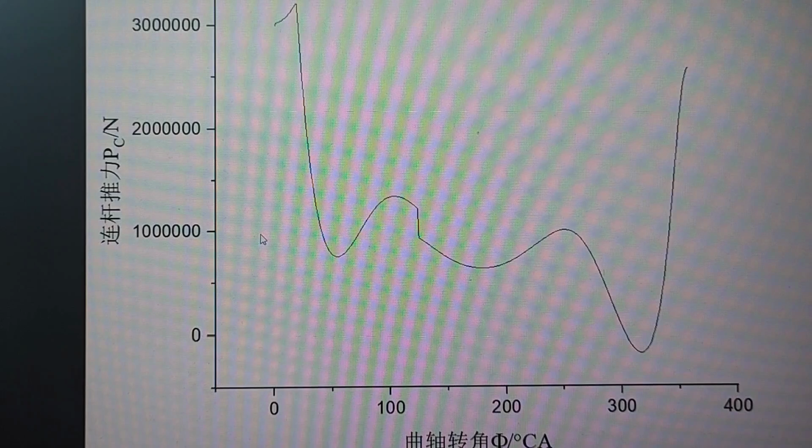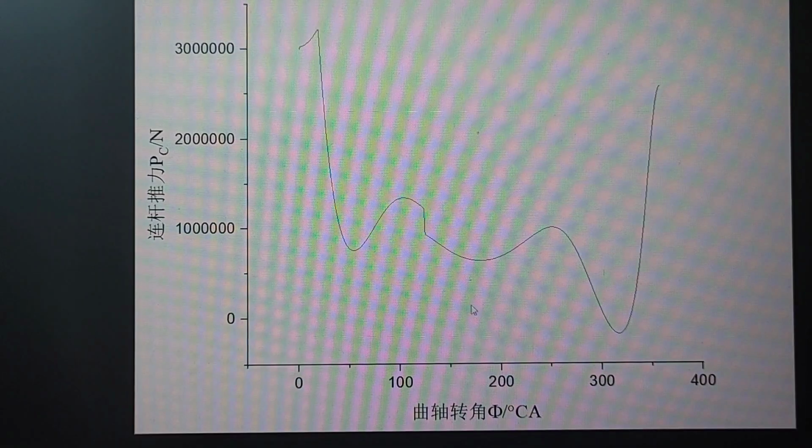Here is the force along the connecting rod. You see it's even larger than the horizontal force on that crosshead. Change the view. The force on the connecting rod. This part is due to the exhaust valve opening.